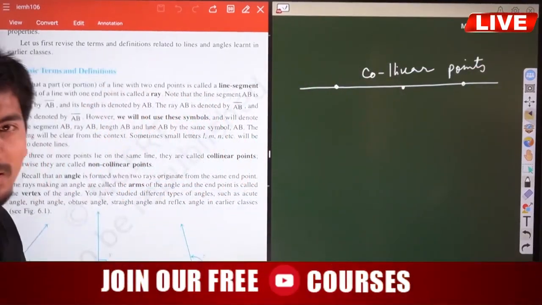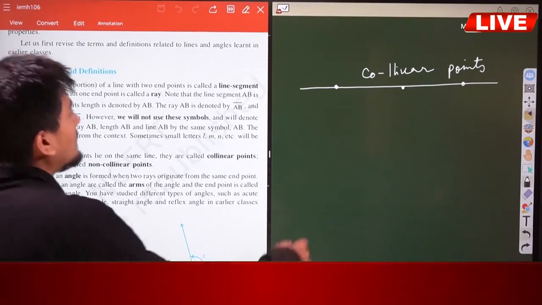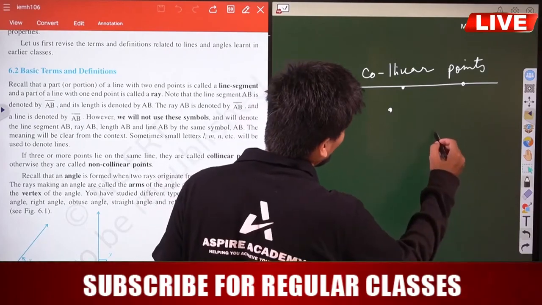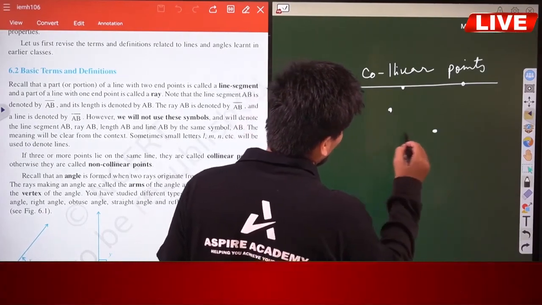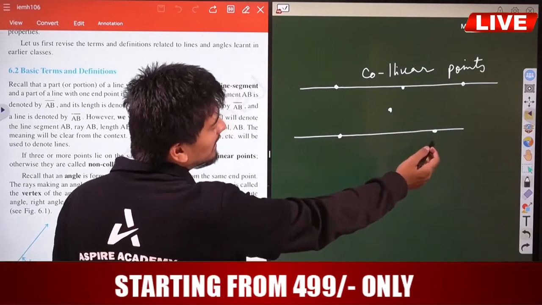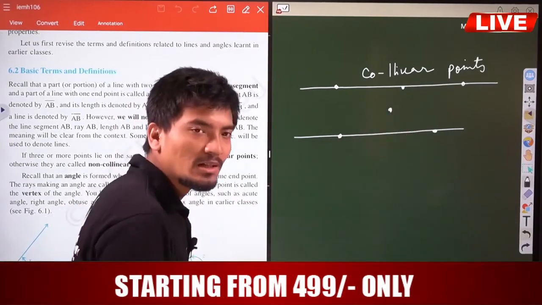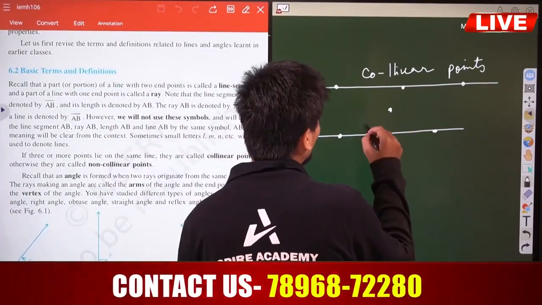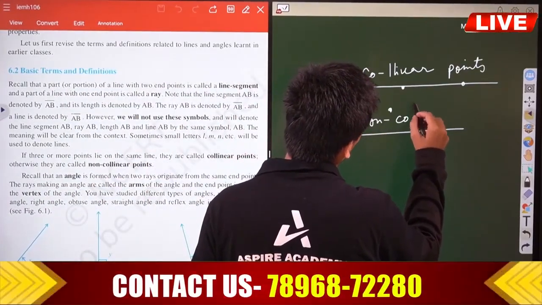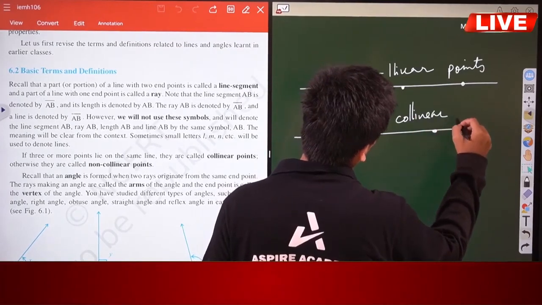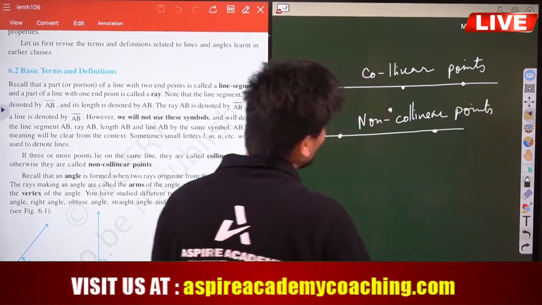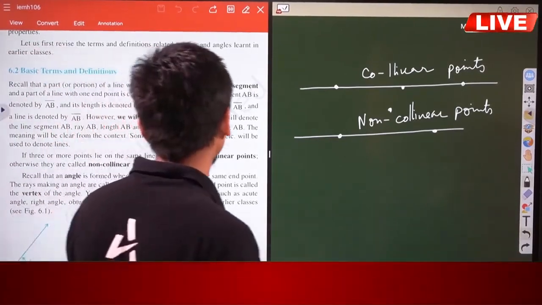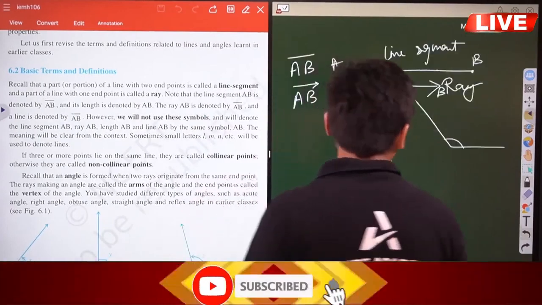But if they don't lie on the same line, suppose one lies here and another lies here, these 2 points lie on the line but this point doesn't lie on the line, then I will call these points non-collinear points.